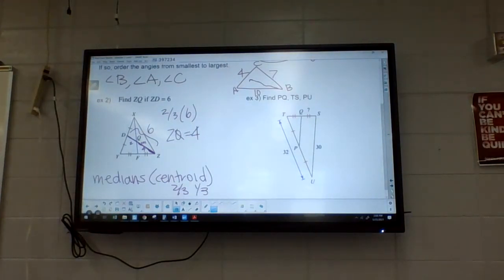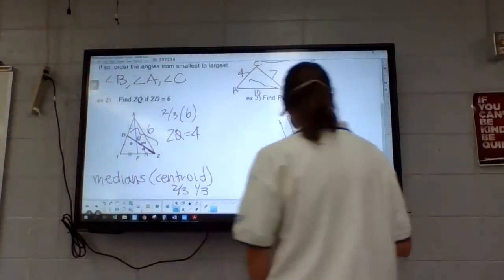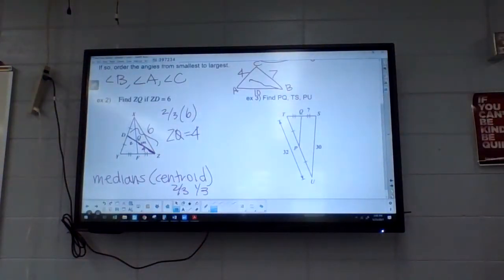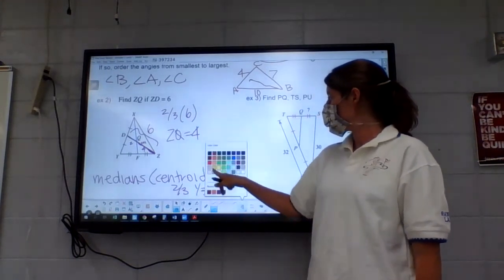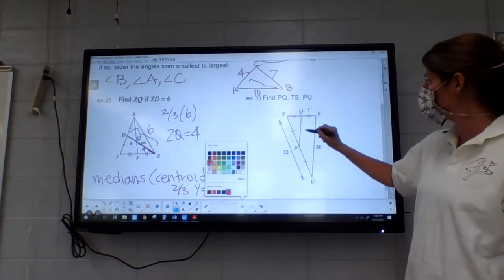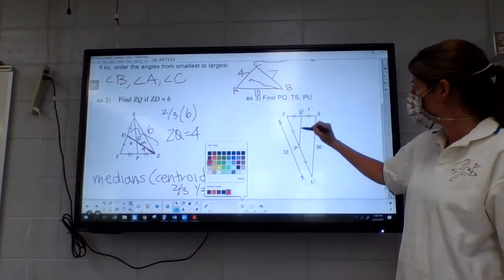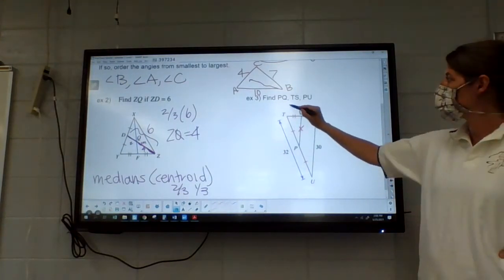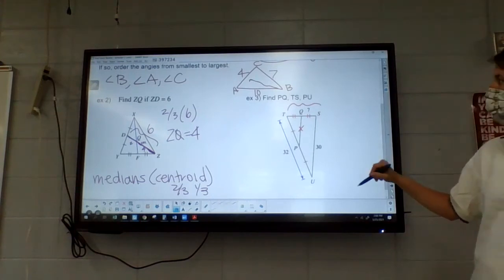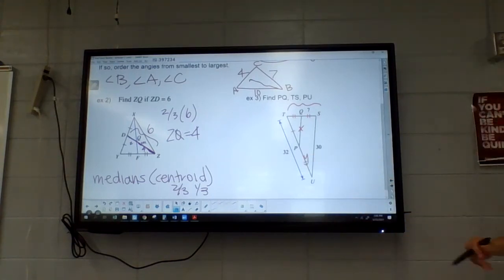All right, this next one they want us to find a whole bunch of different sides here. They want us to find PQ. PQ is here. They want us to find TS, which is this whole thing, and then PU, which is here. But they have a few things marked for us.